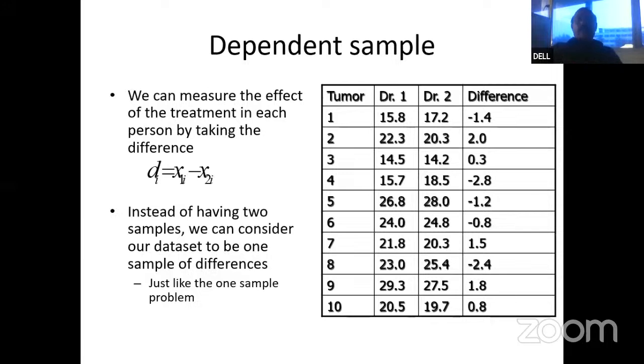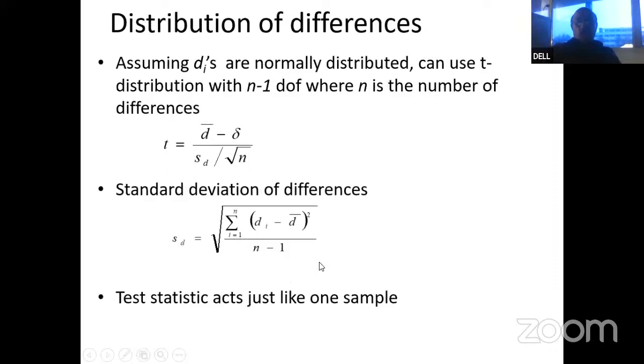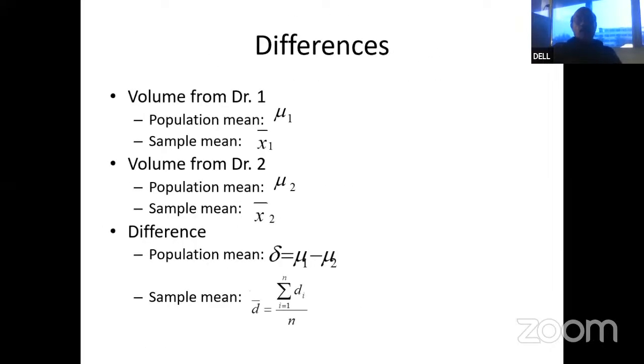So for this case, we have to calculate the difference between the two doctors' measurements in the study. Those are the observations. For that aspect, the difference is mu1 minus mu2, and that is delta. We are just representing it like that.